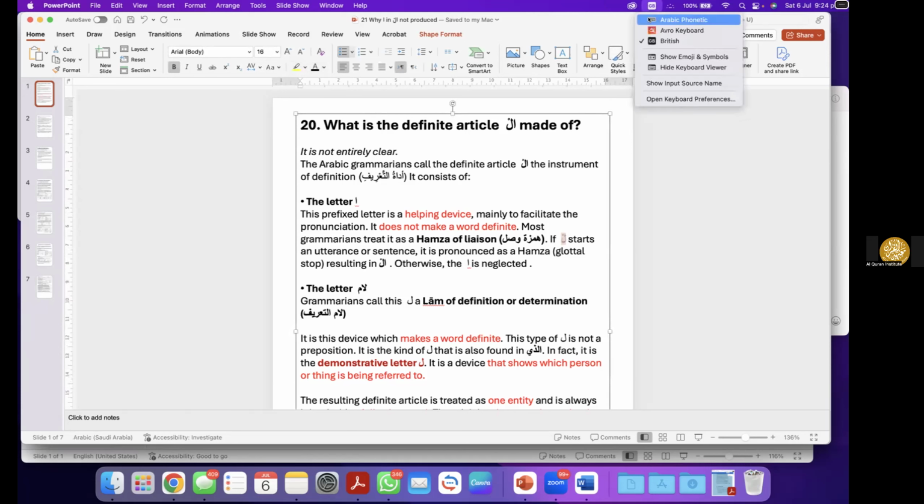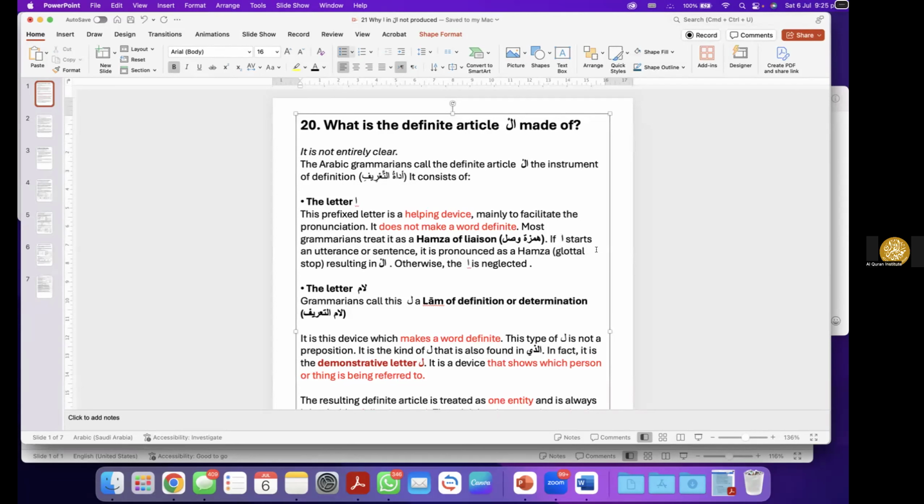I've only prepared this lesson today. If alif starts an utterance or a sentence, it is pronounced as hamza. If alif starts in the beginning of a sentence, it will make a sound.